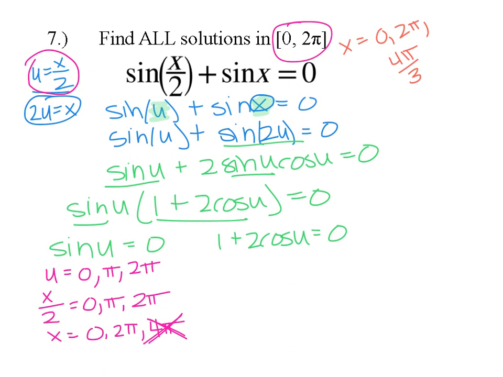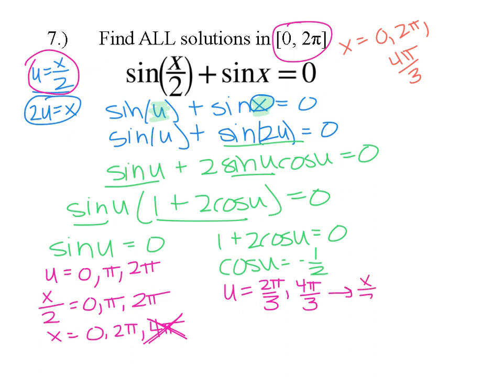All right, now over here on the other side, we are looking where cosine of u equals negative 1/2. So that means we're looking where u is equal to, cosine is equal to negative 1/2, at 2 pi over 3 and 4 pi over 3.